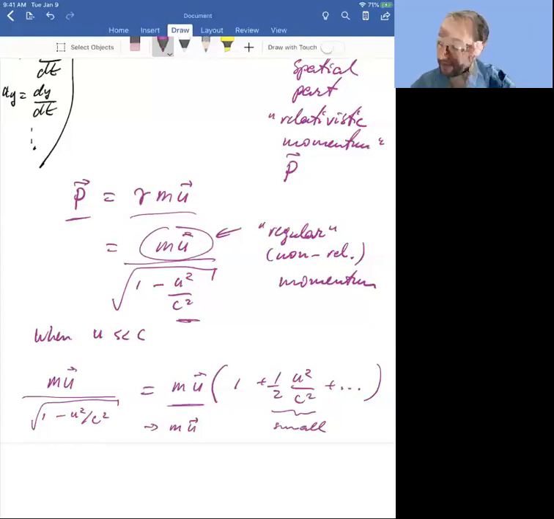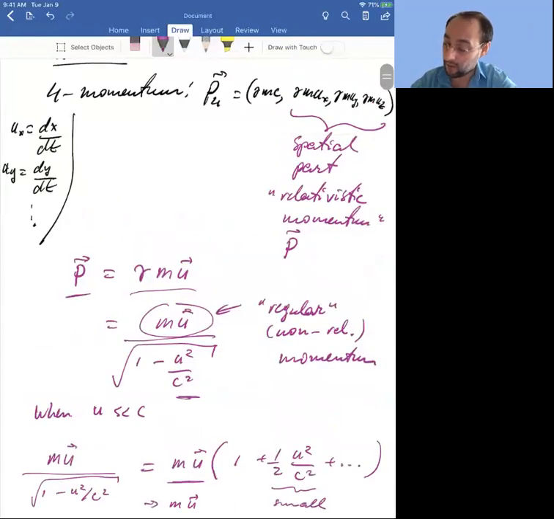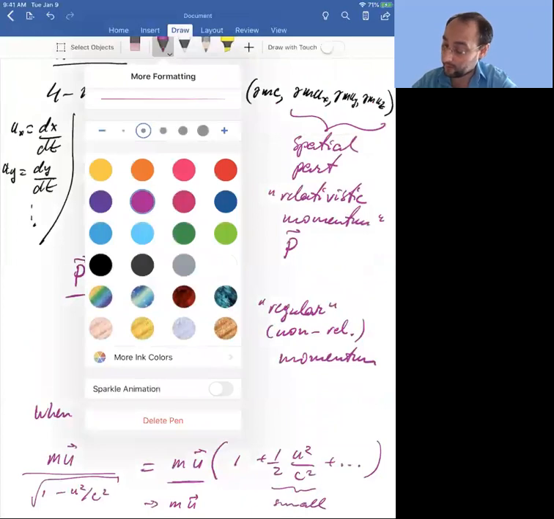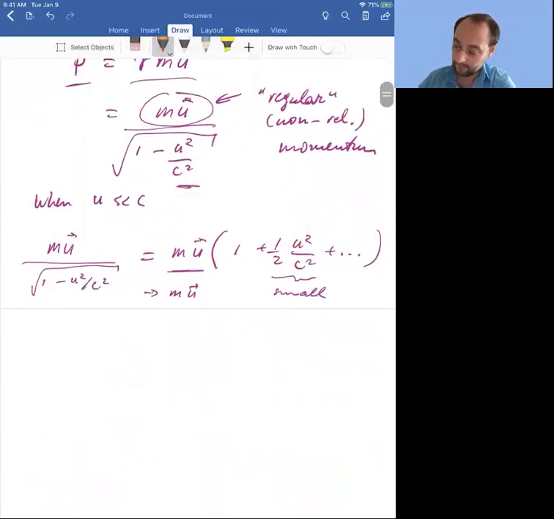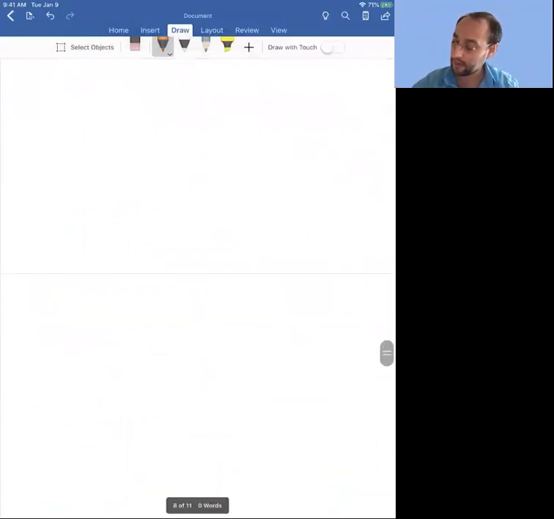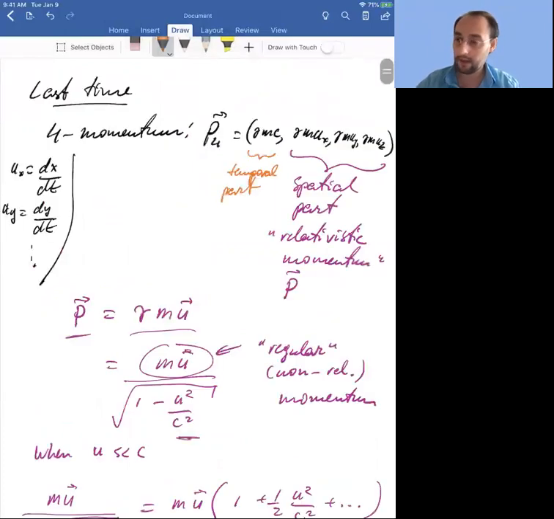And then there was the temporal component. Let me use orange. So this is the temporal part. Temporal means the part that's inherited from the time slot in the four-vector.